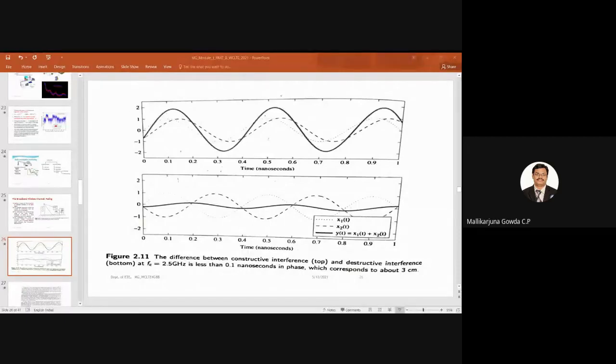Here the phase difference is large, so due to that, I am getting the constructive signal. Means the amplitude of the received signal y of t will be equal to x1 of t plus x2 of t, as written here. Of course, the amplitude of the received signal is more, because the phase difference between these two signals is more.